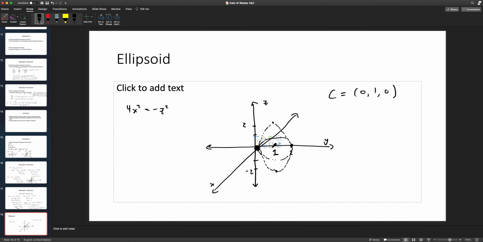When x is 1, then it's 4, and actually we get a contradiction, so there's nothing coming out of this. So x is 0, we already have that. X is 1, that leads to a contradiction. How about if x is negative 1? That's also a contradiction. So basically what we're seeing is that this XZ trace is not really helpful for our diagram.